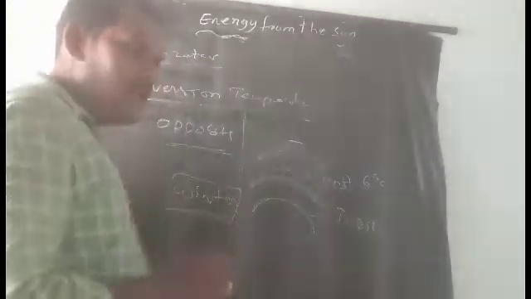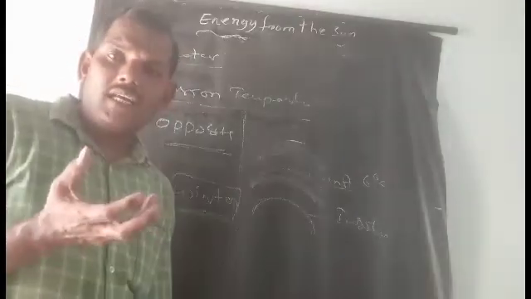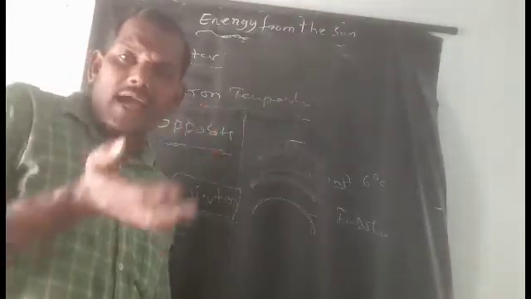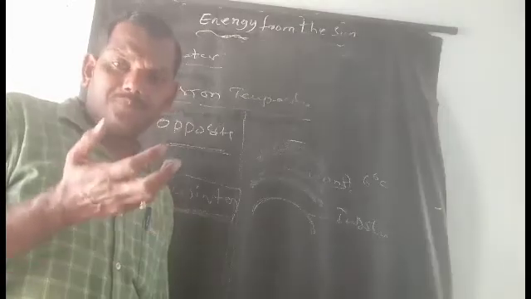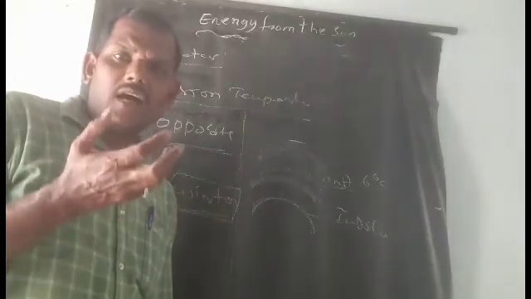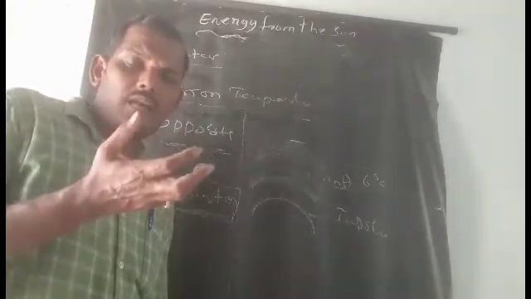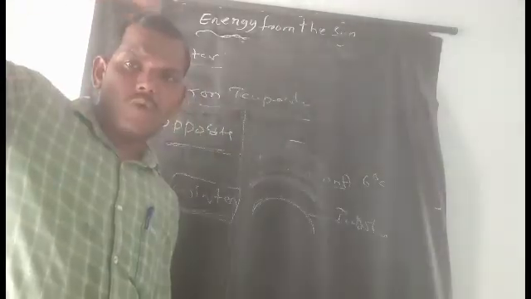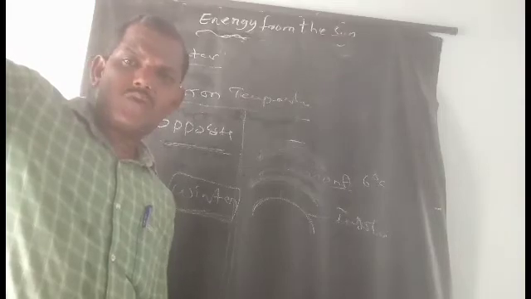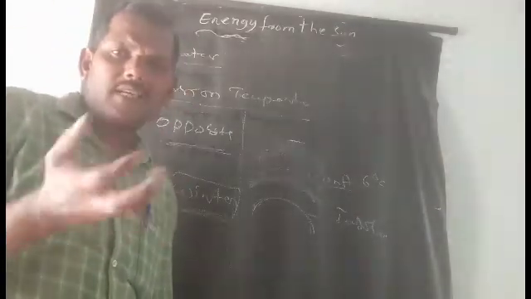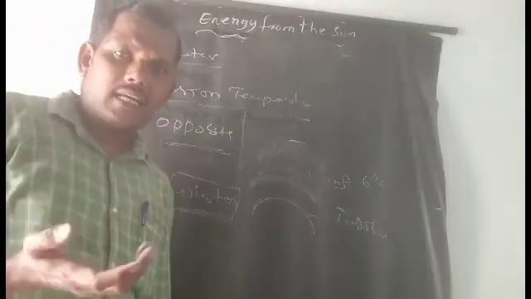Condensation means the water evaporates by the earth's energy, the heat. This vapour moves to the upper layers, then it is cooled and forms droplets. That is called condensation.